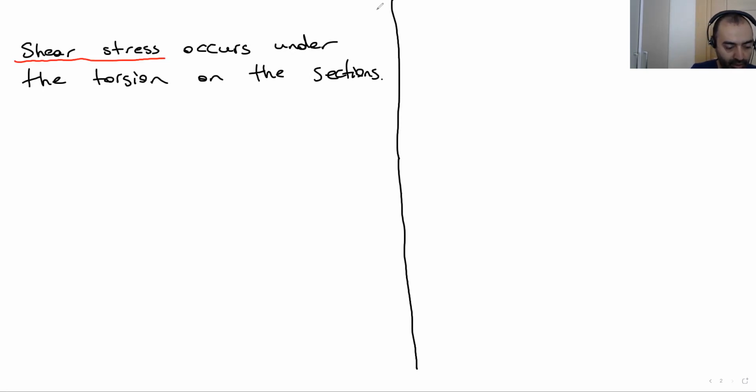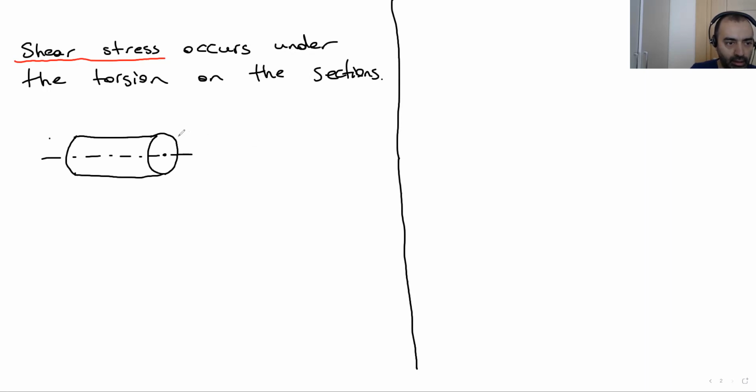Let me draw a sketch here. Again, let's say we have a circular section, and this is the axis. Okay.